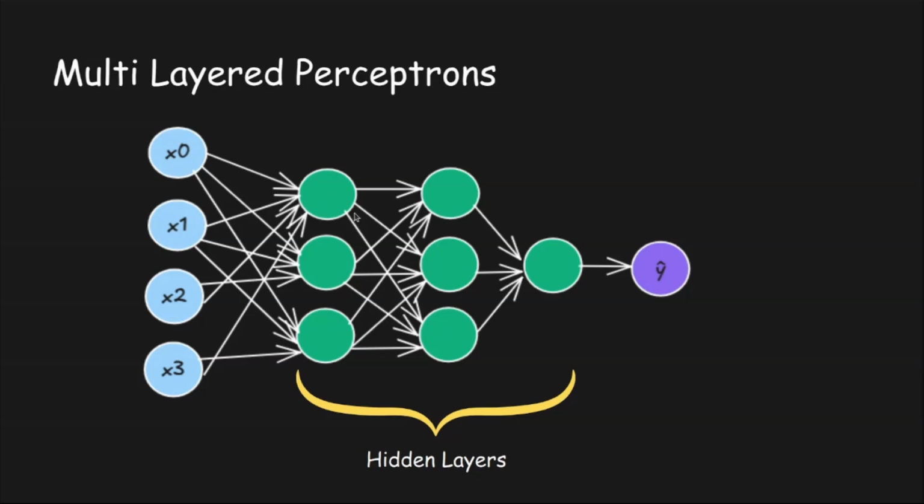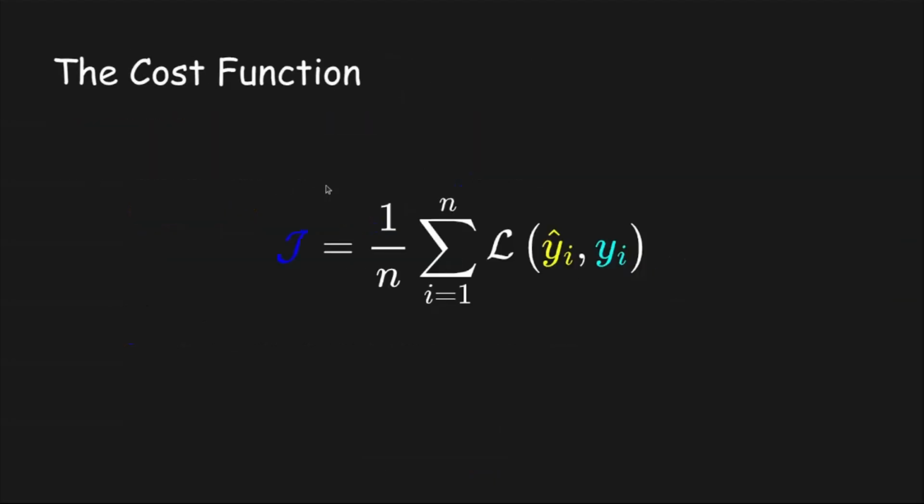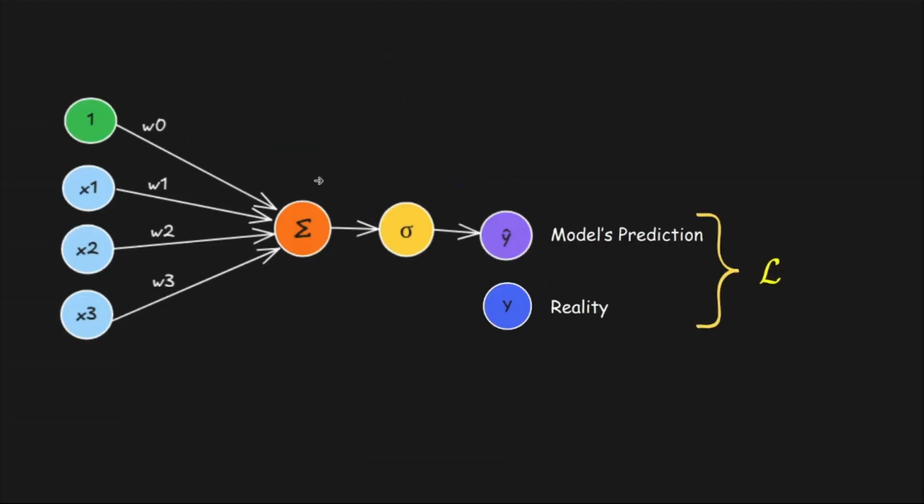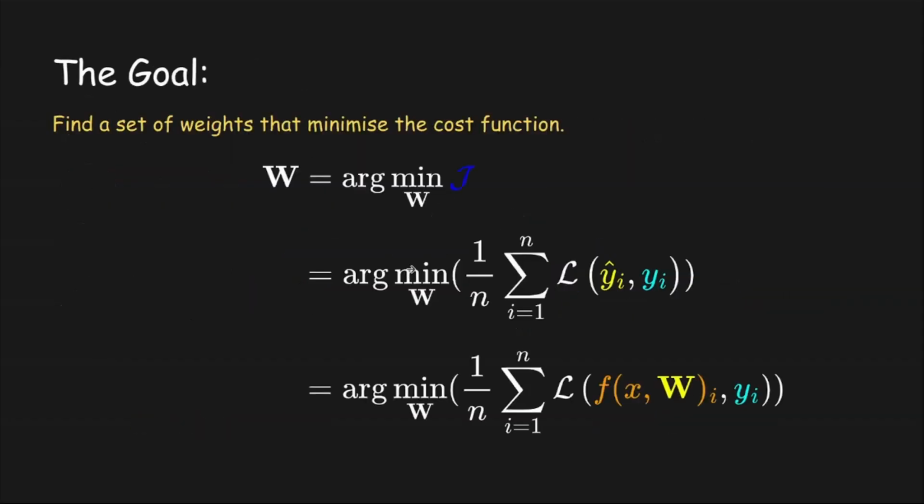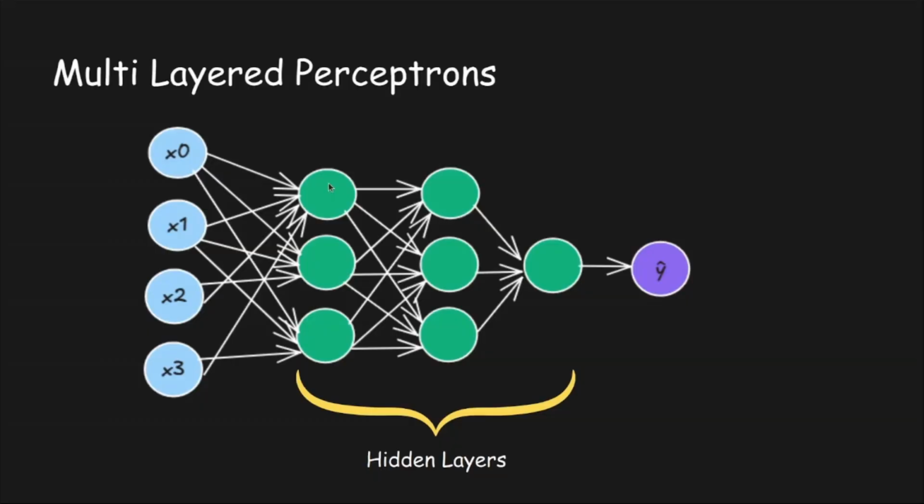In multi-layer perceptrons, each of these nodes is an individual perceptron. These units are present in each of these nodes, and we stack them together however we want, and we create a multi-layered perceptron.